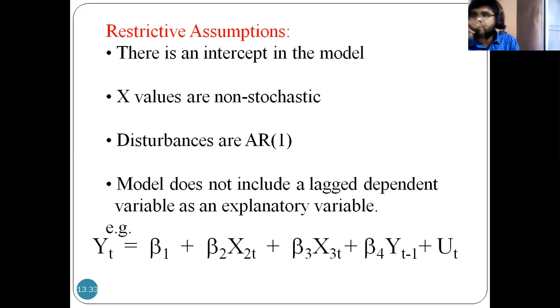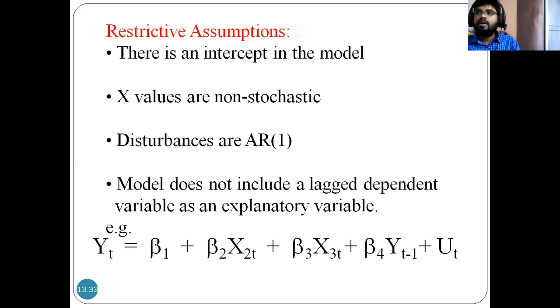As I told you in previous classes, the present year expenditure depends on its previous year expenditure. When we take this kind of model, we cannot run the DW test. If you run it, the D value result will be misleading.